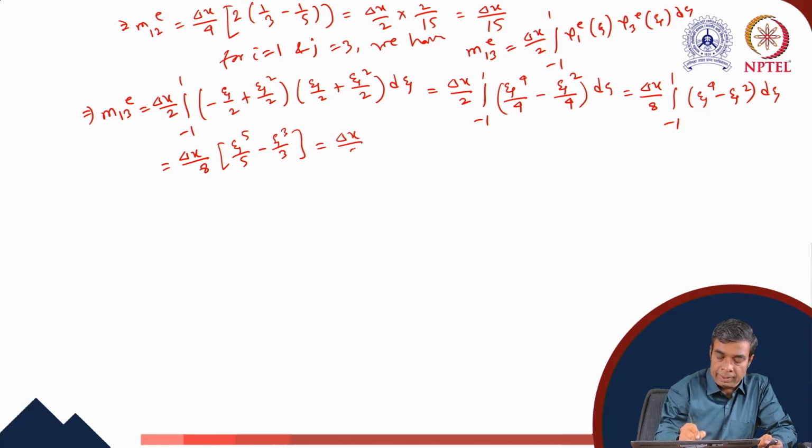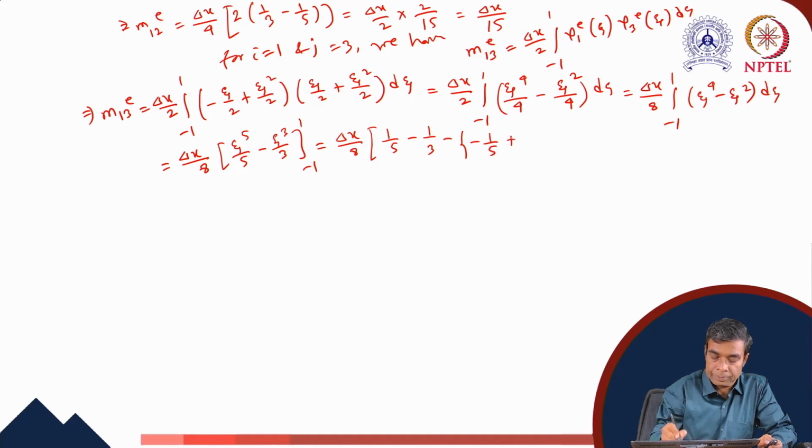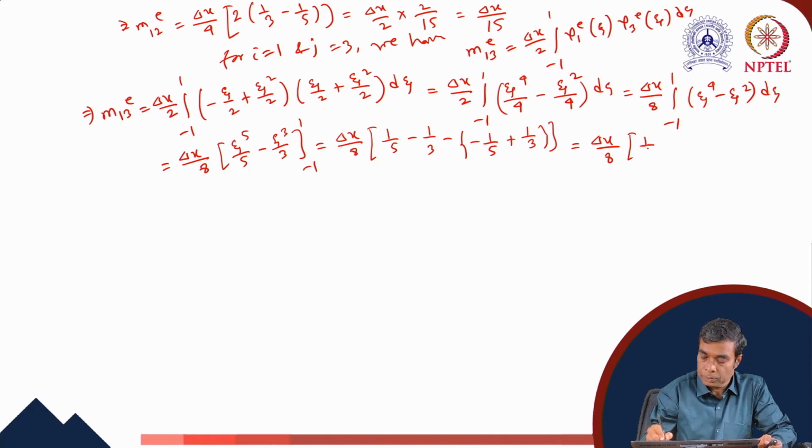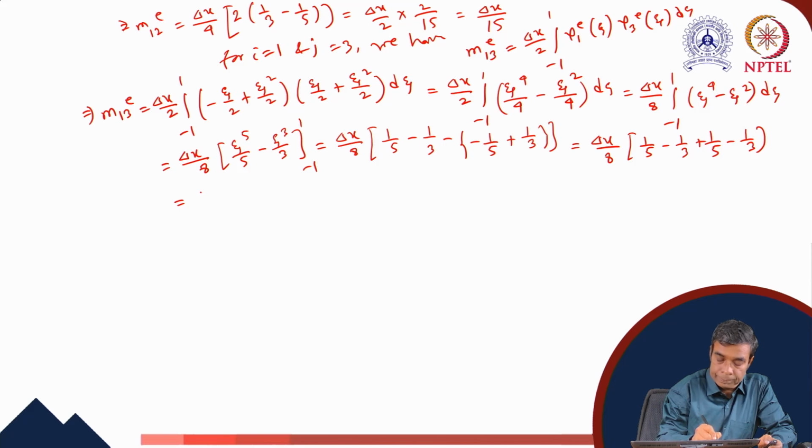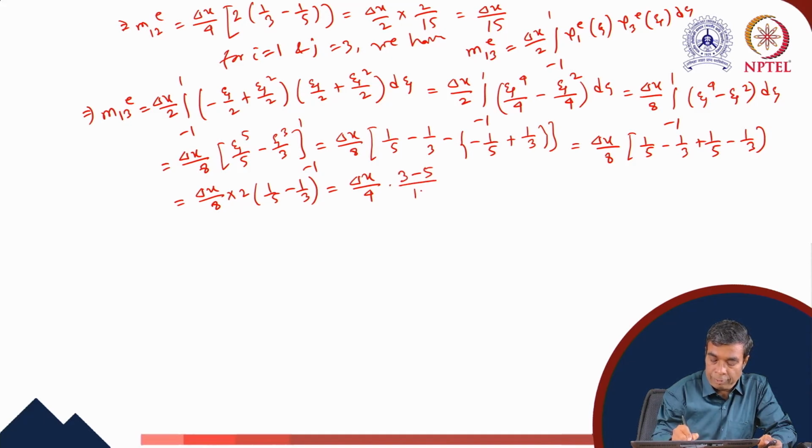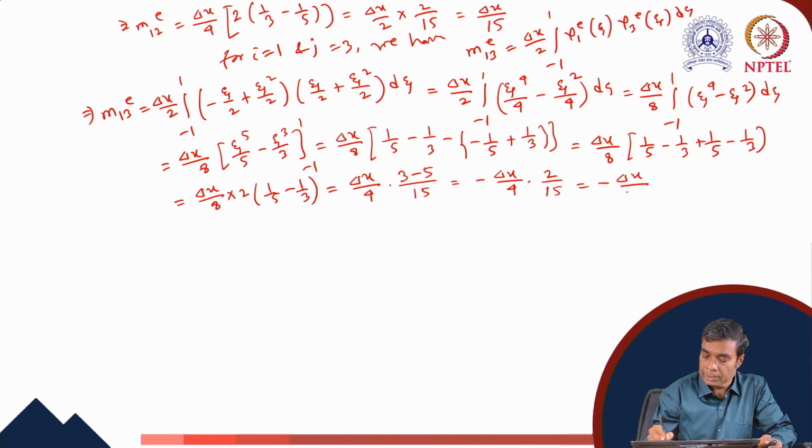So this is delta x by 8 into 1/5 minus 1/3 minus 1/5 plus 1/3, equals delta x by 8 into 1/5 minus 1/3 plus 1/5 minus 1/3, equals delta x by 8 into 2 into 1/5 minus 1/3, equals delta x by 4 into 3 minus 5 by 15, equals minus delta x by 4 into 2 by 15, equals minus delta x by 30.